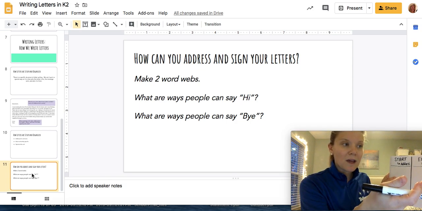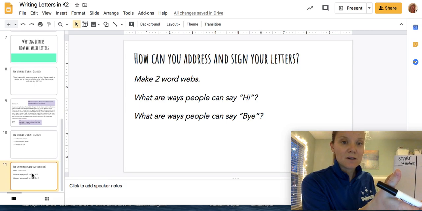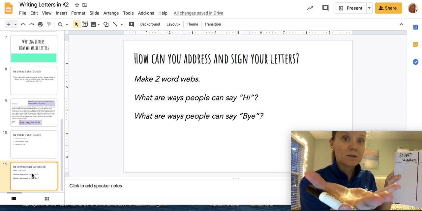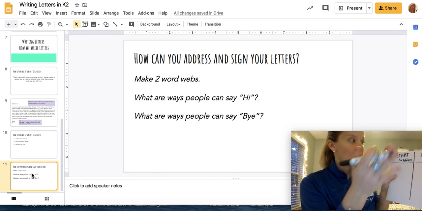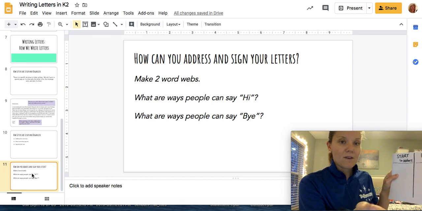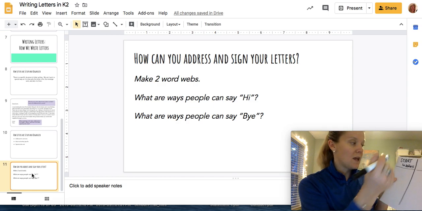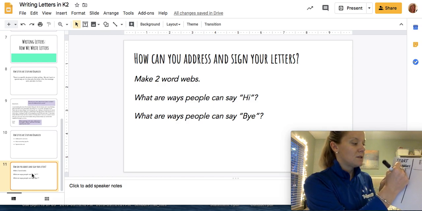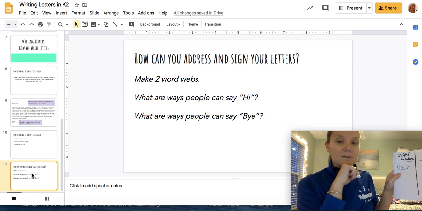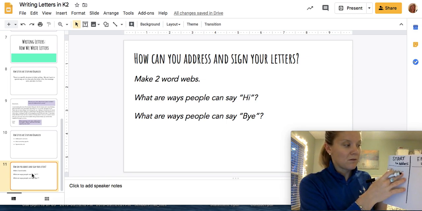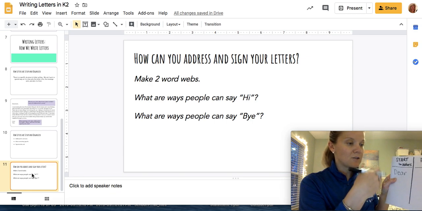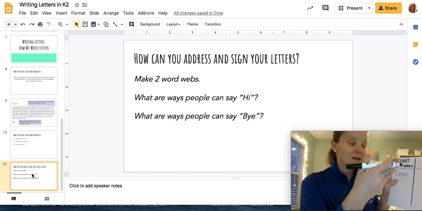It's almost like a way of opening up a conversation, because a letter is a way for me to talk to you about something, or whoever it is I'm writing the letter to. So we start them and we try to think of how we open up our conversation, right? And on my letter, I use this word here, dear. That's a very common word we use with letters as a way to introduce, like, dear Mom.